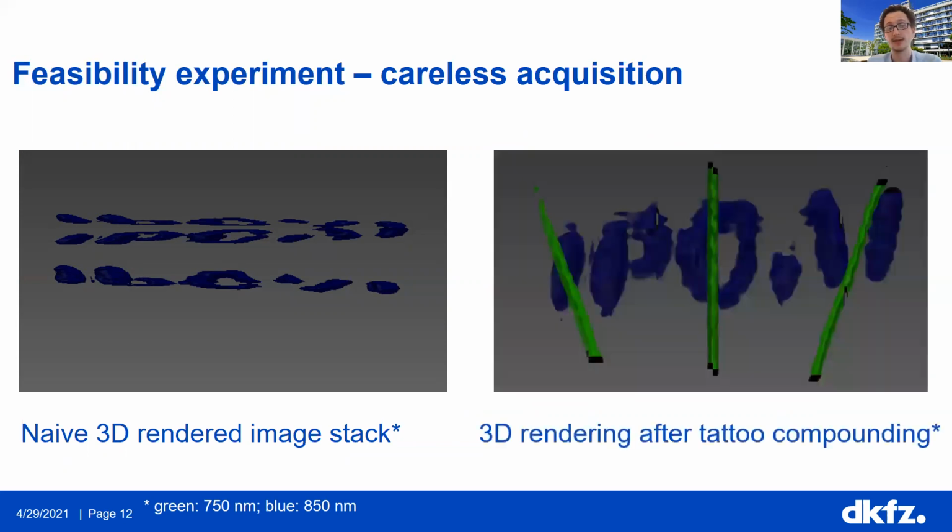And on the right now, you see compounded with our T2 approach. The logo is readable again, a little bit less clear than with a careful scan, but still the compounding works even for those unrealistic careless acquisitions.